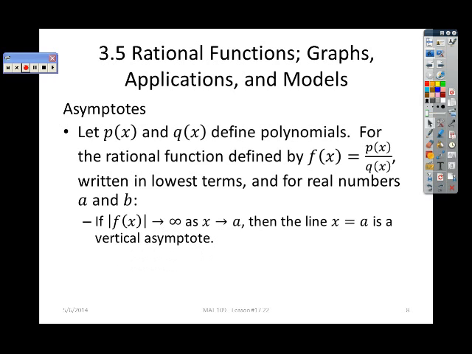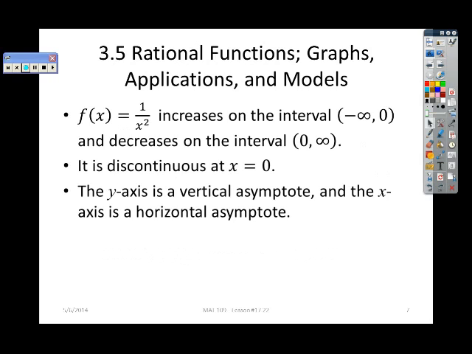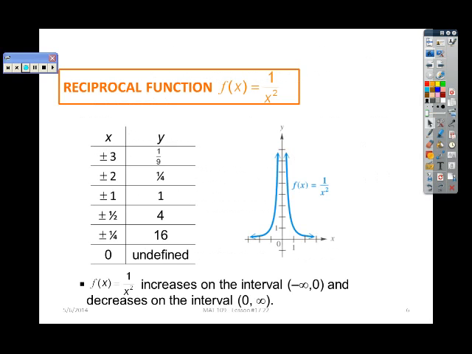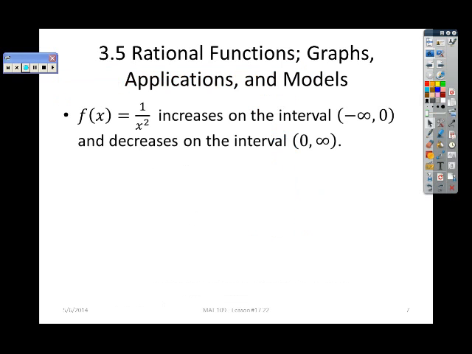Just like these graphs here. As x gets larger, the function gets closer and closer to the x-axis, or this way. Doesn't matter which direction. If the function approaches a constant value as x goes to plus or minus infinity, that is a horizontal asymptote.